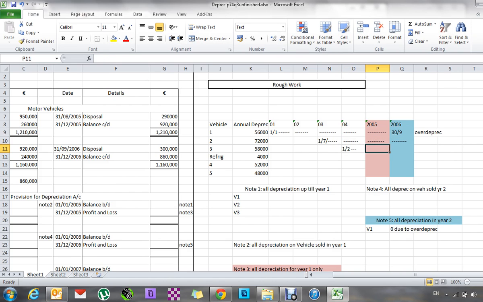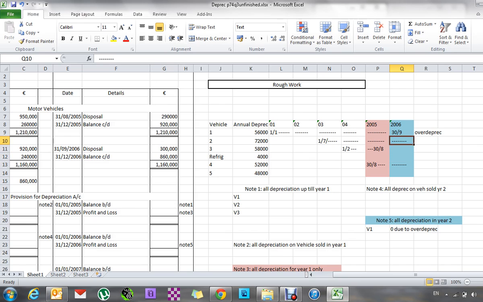That was the one that I got rid of during 2005, so that lasted until the 30th of the 8th. Did it have refrigeration? No, it didn't. The replacement for that I bought on the 30th of the 8th, and I would have had that for all of 2006, the next year.